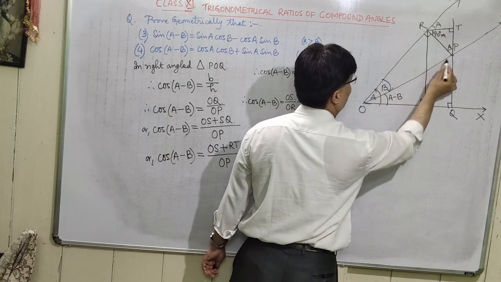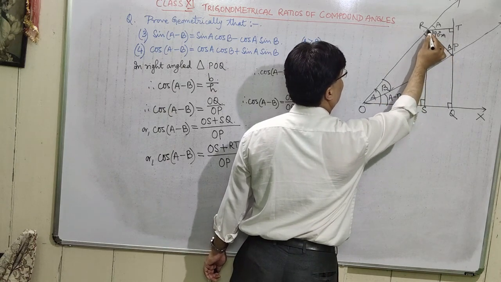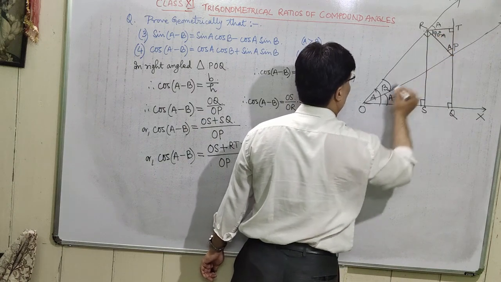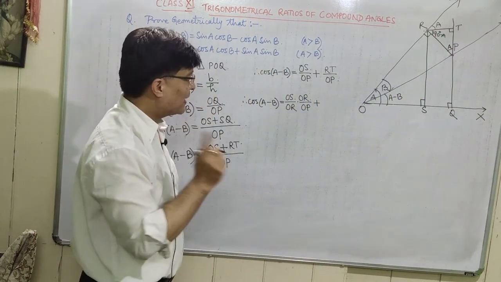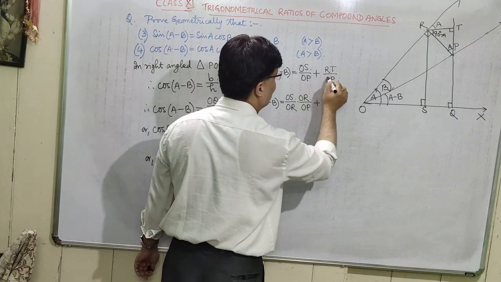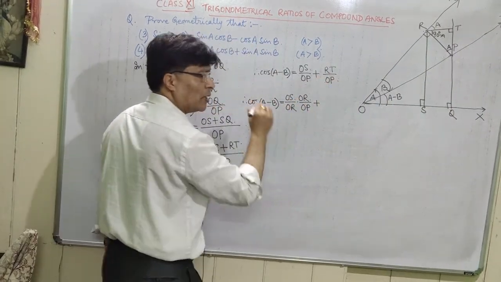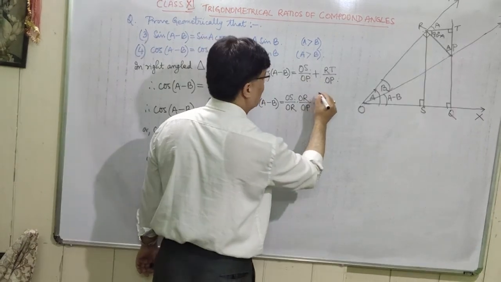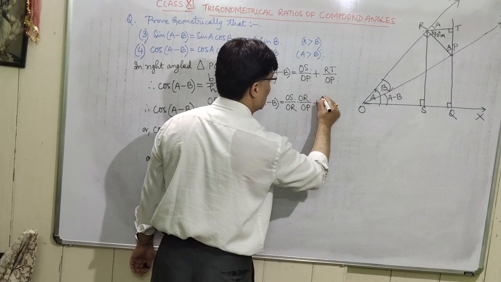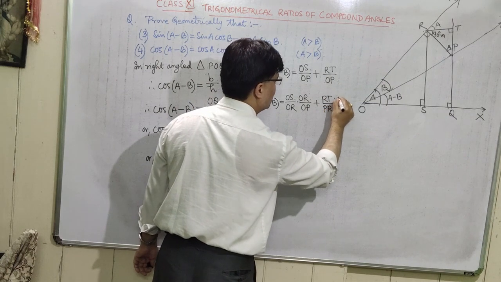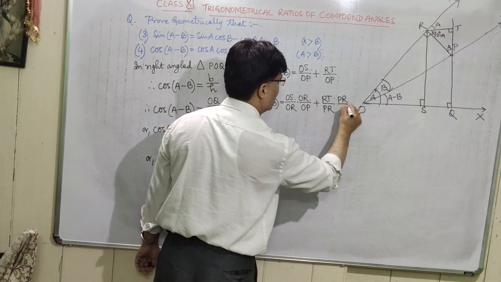RT and OP both are intersecting straight line PR such that PRT is a right angle triangle and RPO is a right angle triangle. So here we can write multiply and divide by PR. So it is RT upon PR into PR upon OP.